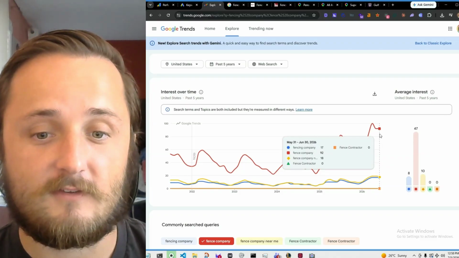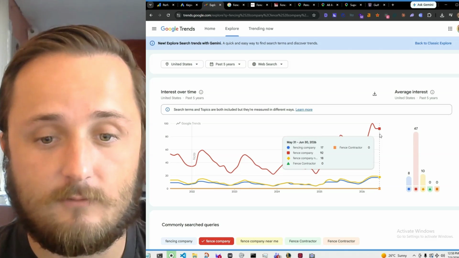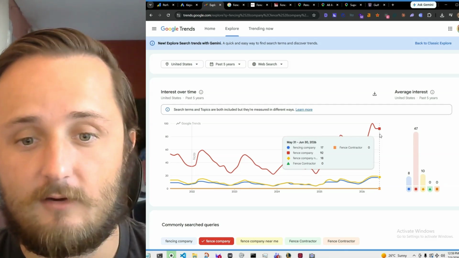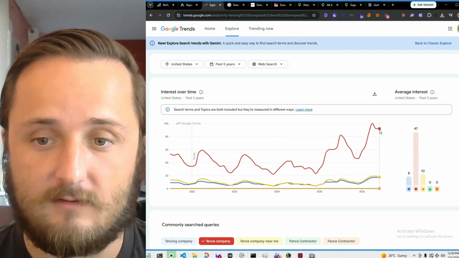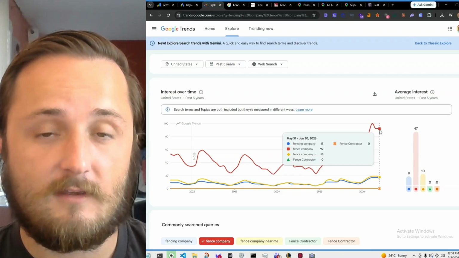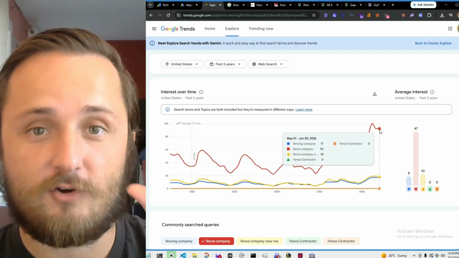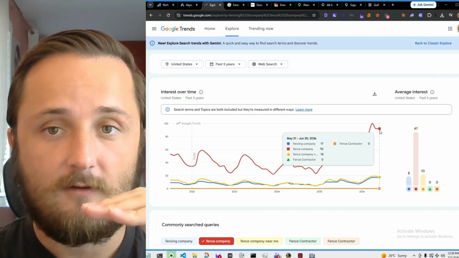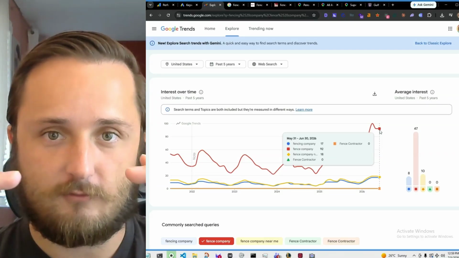So this does not mean that this word is being searched 92 times, right? Because we can see right here, we've got fence company 92. What that means is, in relation to itself, it is currently at 92 of 100 from its overall search history.